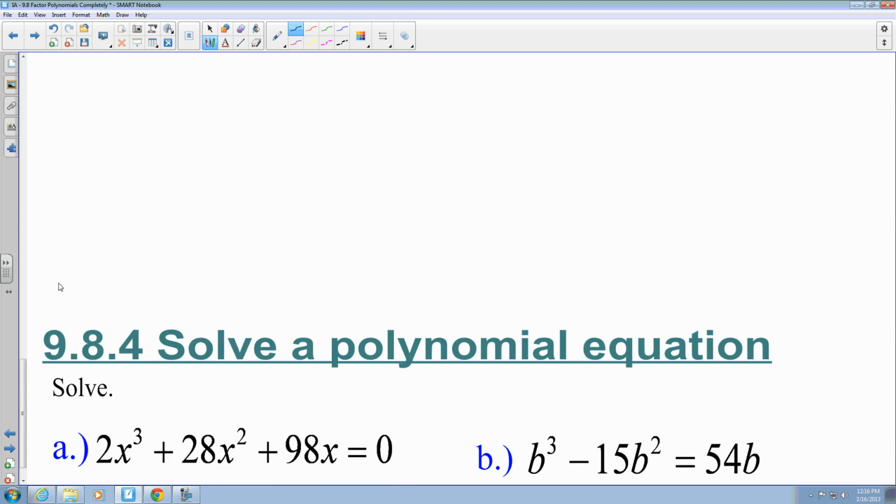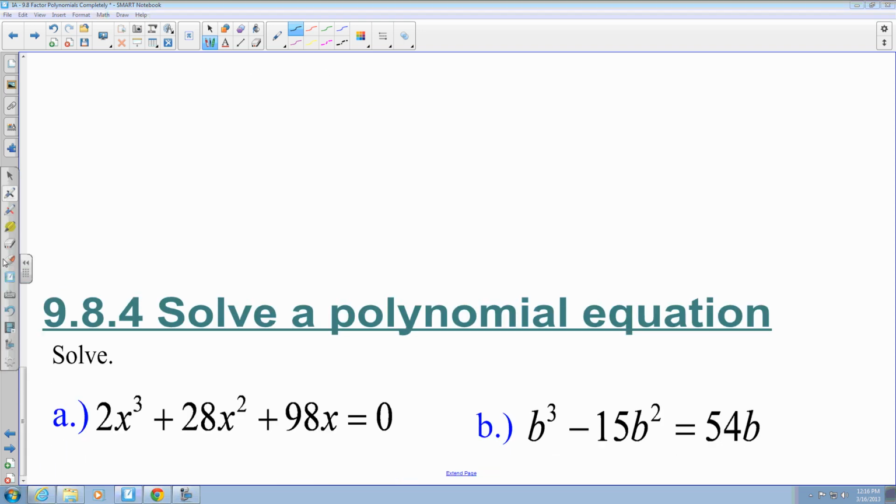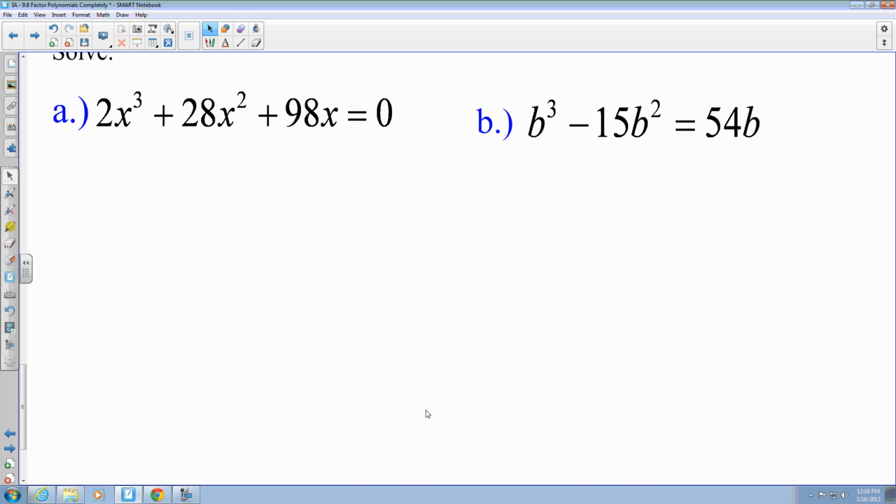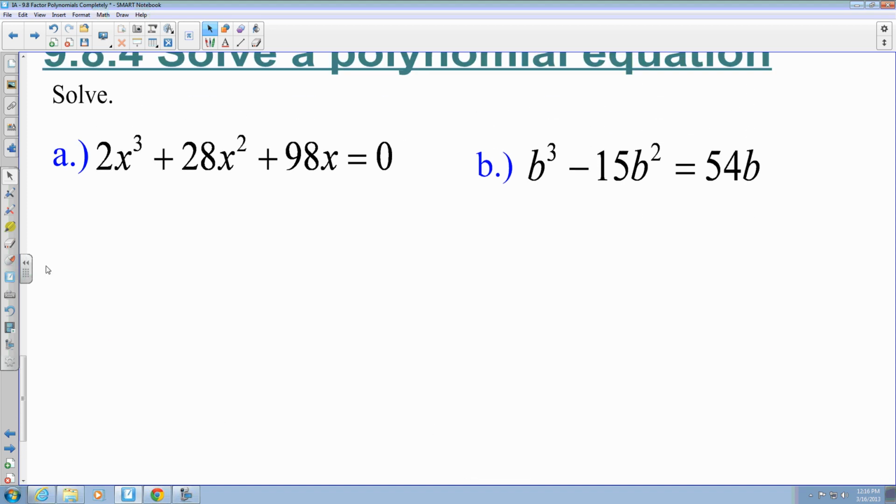Last thing we have is the ability to solve equations. So here I look at example A, and I got 2x cubed plus 28x squared plus 98x equals 0. Looking at that right away, I can factor out 2x.